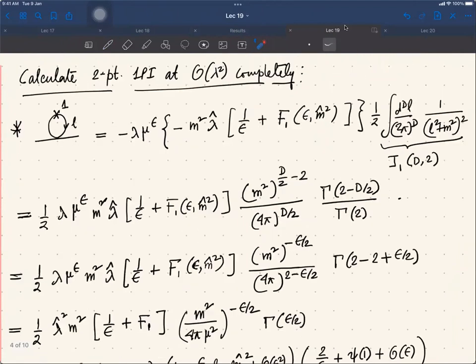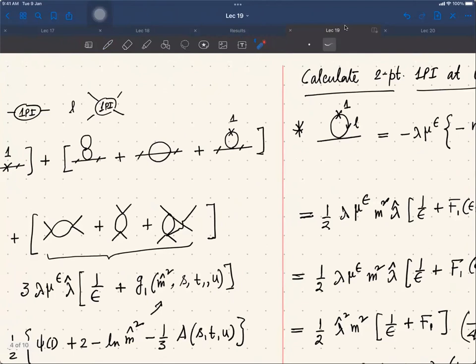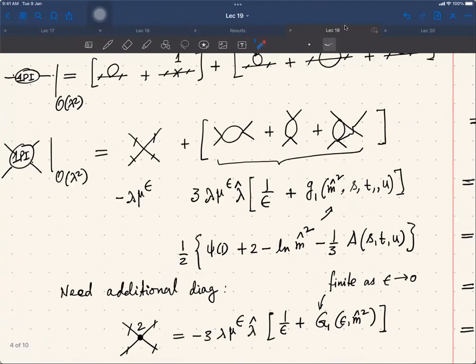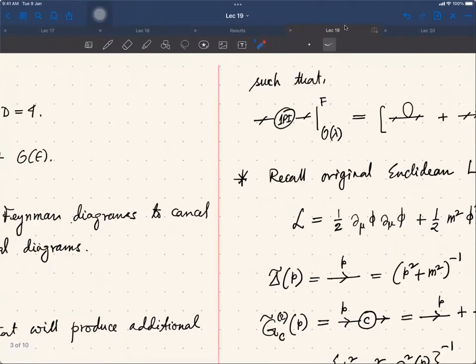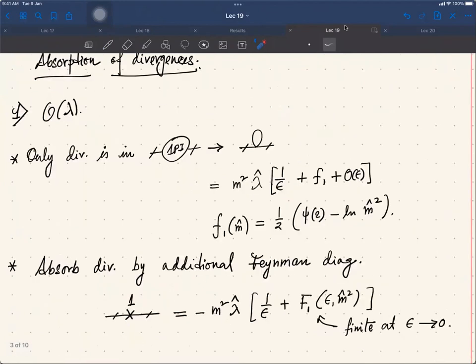So the pattern that we see here is that after adding the counter terms, we not only have the mu and lambda dependence, but also we have the known finite portions coming from the original Feynman diagrams, and unknown or ambiguous finite portions coming from the counter term diagrams.